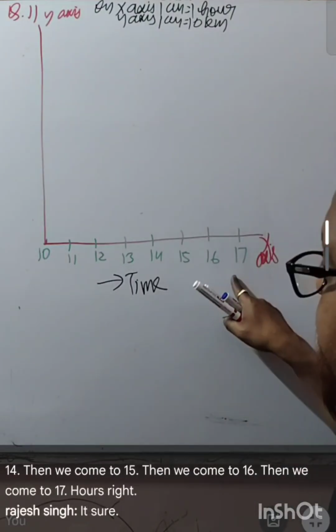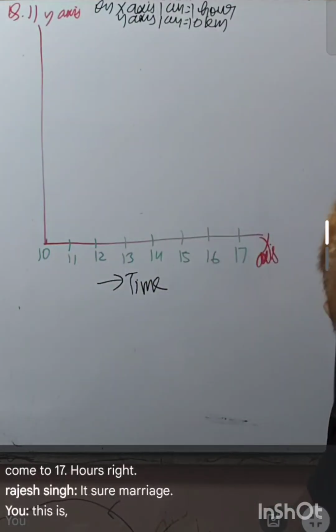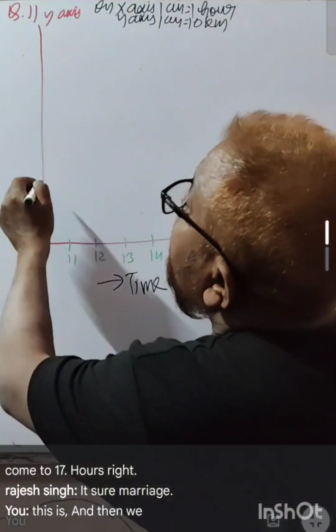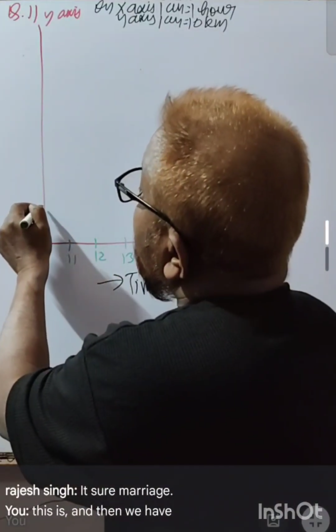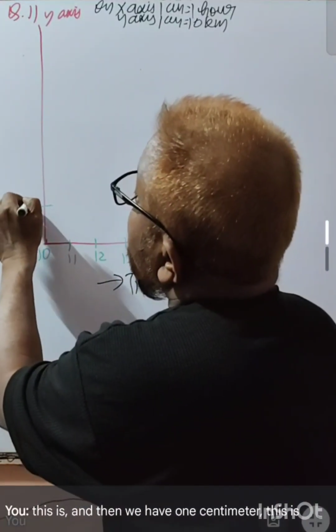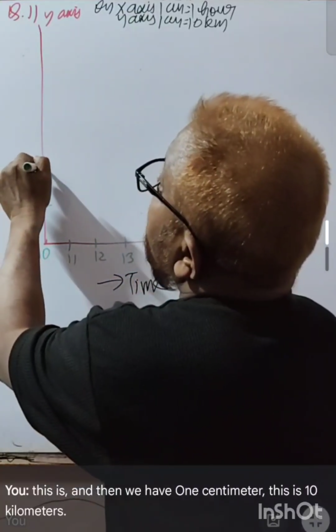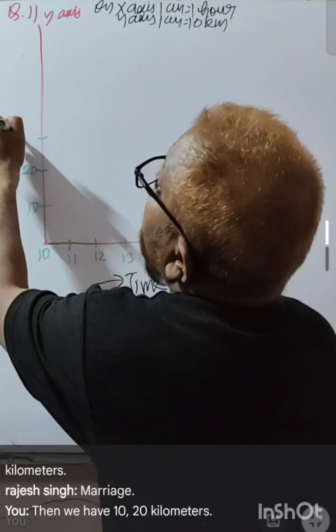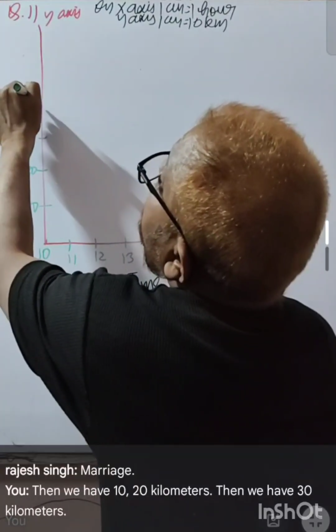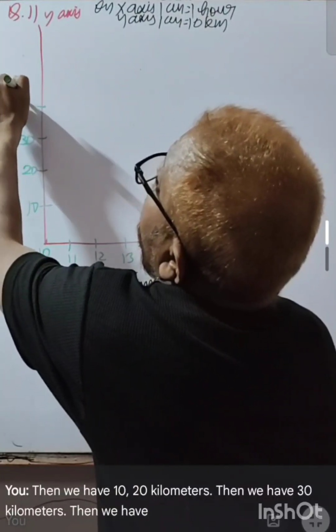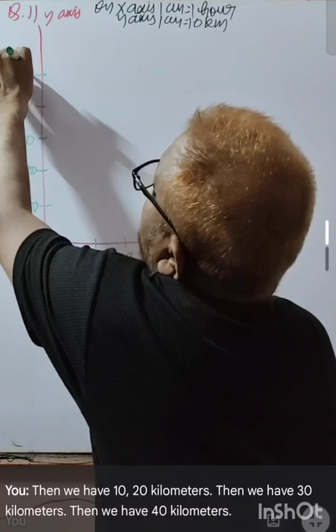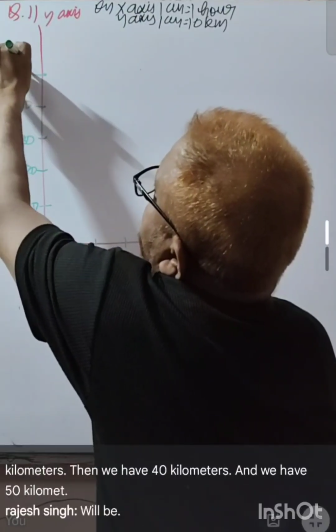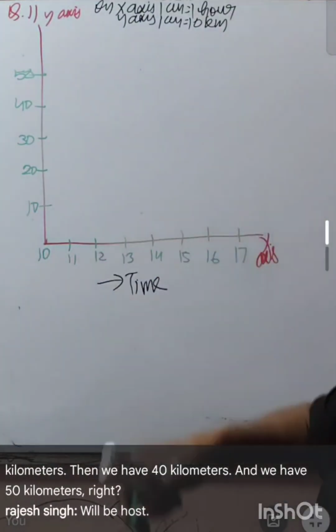And then 1 centimeter is 10 kilometers, then we have 20 kilometers, 30 kilometers, 40 kilometers, 50 kilometers.